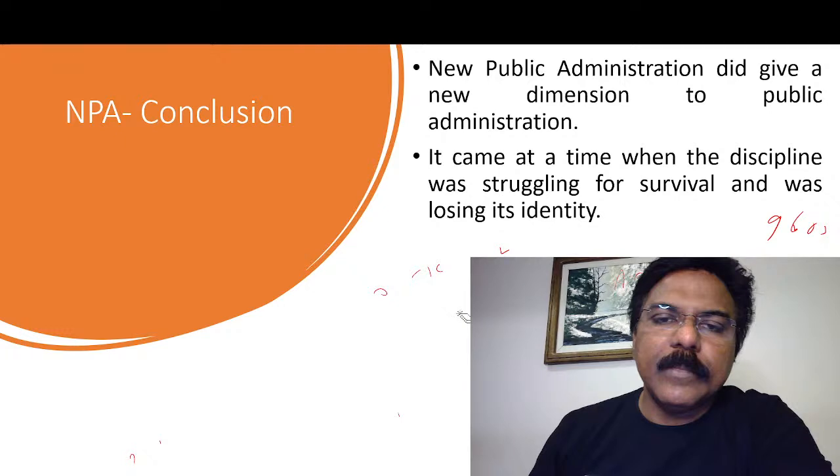So that's why he came out strongly at the Minnowbrook 1 conference along with the supporters and said that value-free public administration is an impossibility. That's why it revived the discipline of public administration.